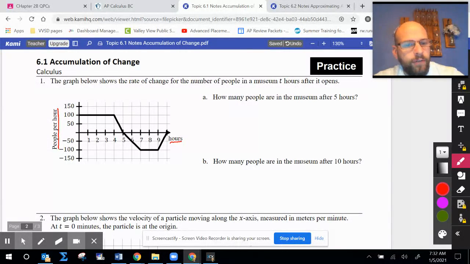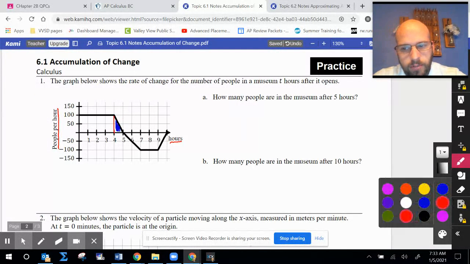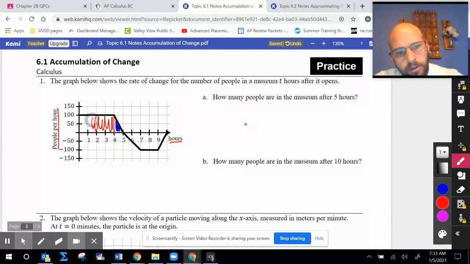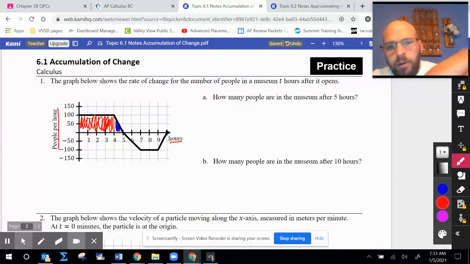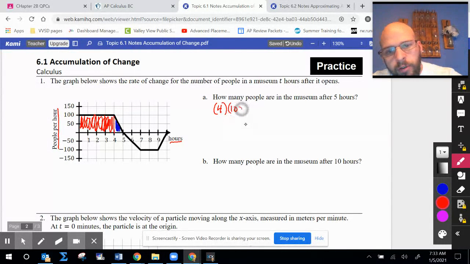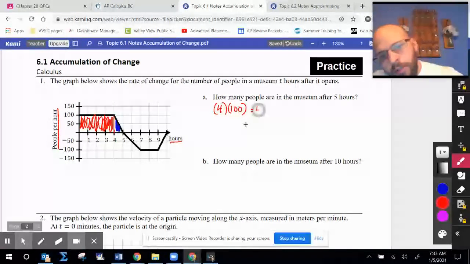So after 5 hours really means I'm looking for, I'll try to color code these two areas, right? And I kind of break it up using some geometric shapes that I'm familiar with. So I have a rectangle that is 4 and the height of 100, which gives me 400 people.